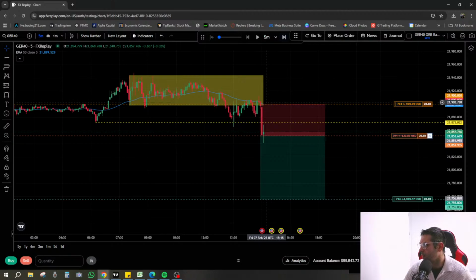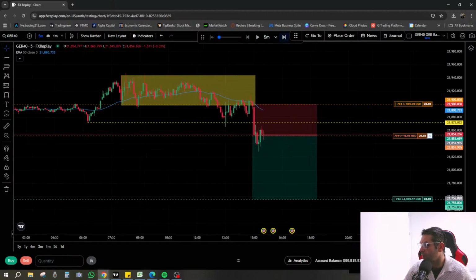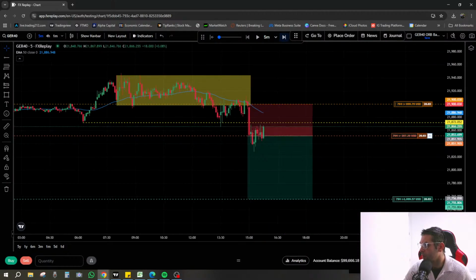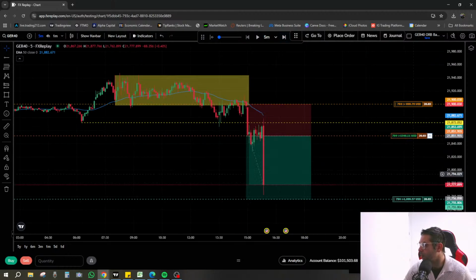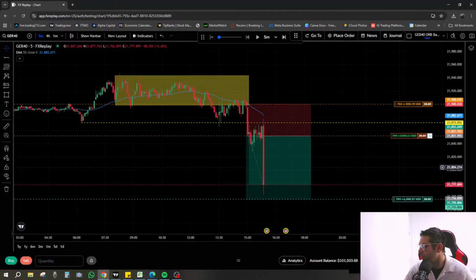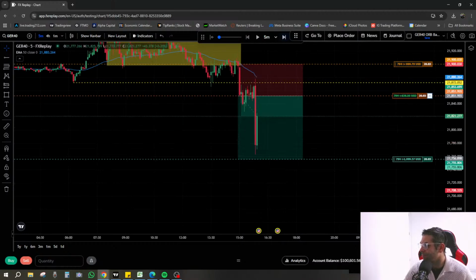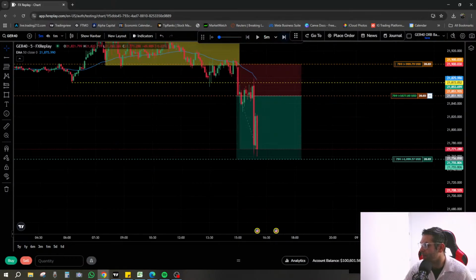Tag this in, but the full candle is not good. The next one is okay. It does a retracement and boom. That is big selling volume. Let's see. Yeah, I was expecting that in a way.